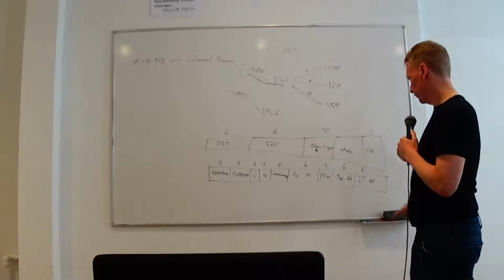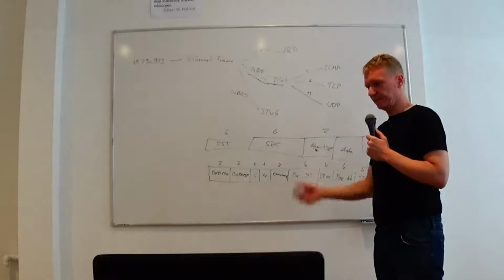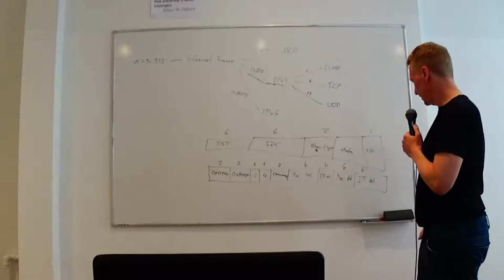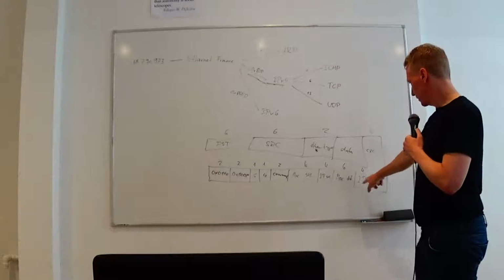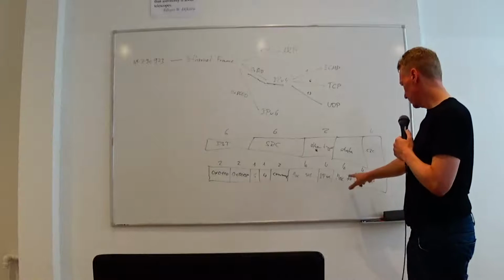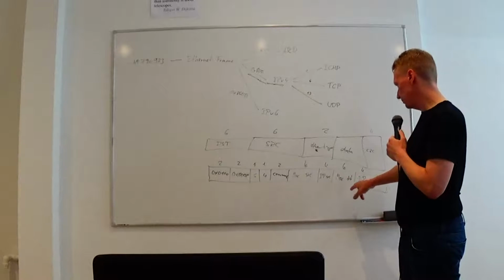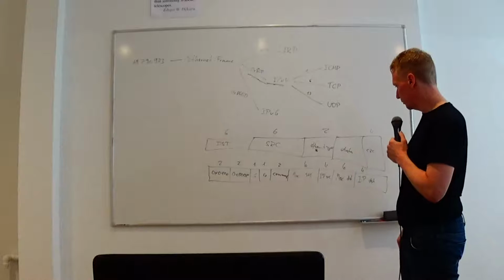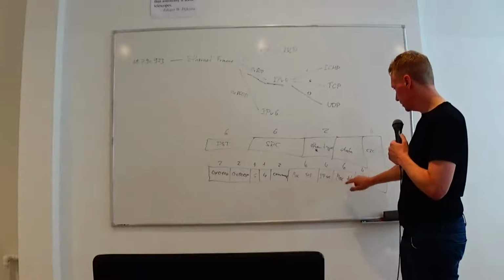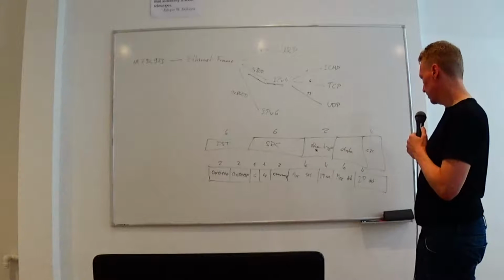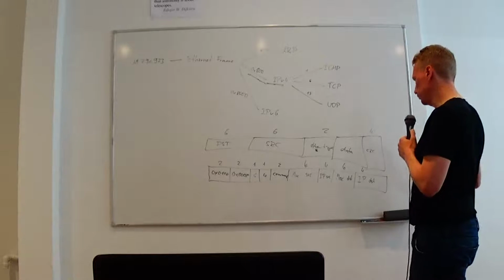Of course, if the command is "tell me your IP address", then this won't be a legal value. Or maybe if we get it from a broadcast, then this MAC will be just the broadcast address.